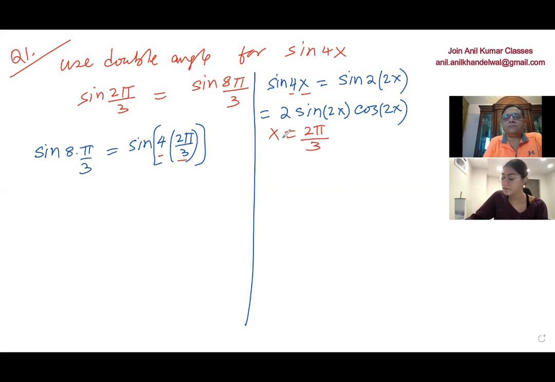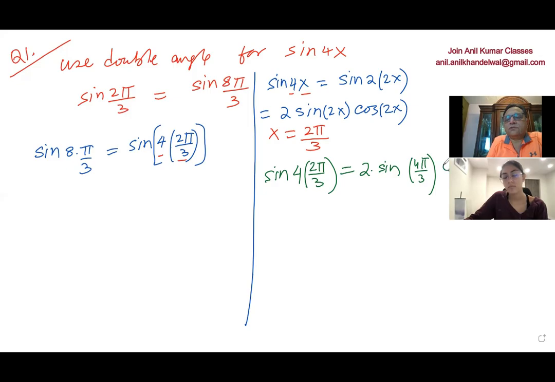Sine of 4 times 2 pi by 3 is equal to 2 times sine 2x cos 2x. So x is 2 pi by 3, so it becomes 2 sine 4 pi by 3 and cos 4 pi by 3.